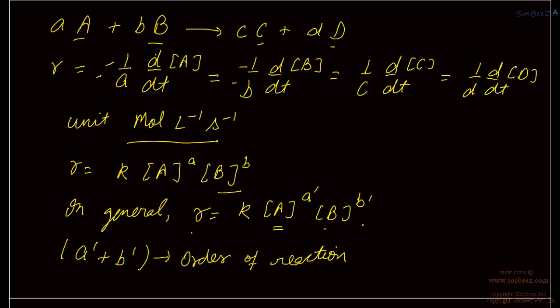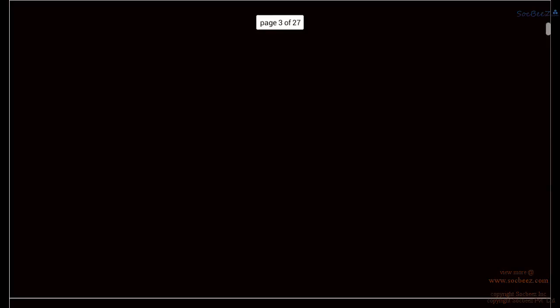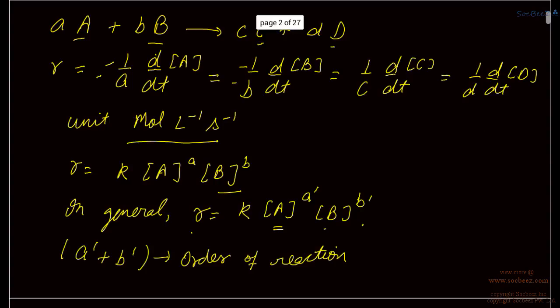Therefore, modifying their units with respect to a dash plus b dash, we get the unit of K. We'll see later how we get the value of K for different kinds of reactions. Now, always remember that order of reaction, that is a dash and b dash, cannot be found by looking at stoichiometric coefficients. It is entirely an experimental process.